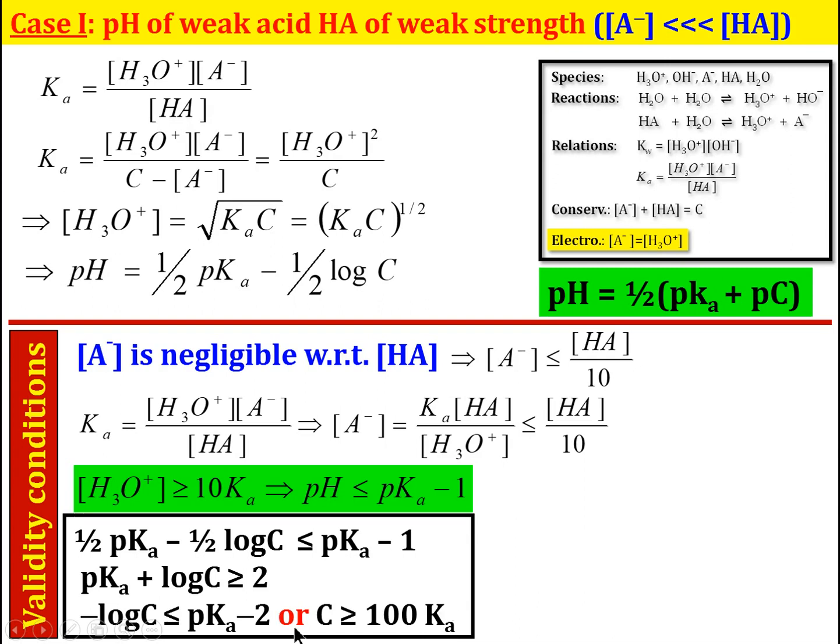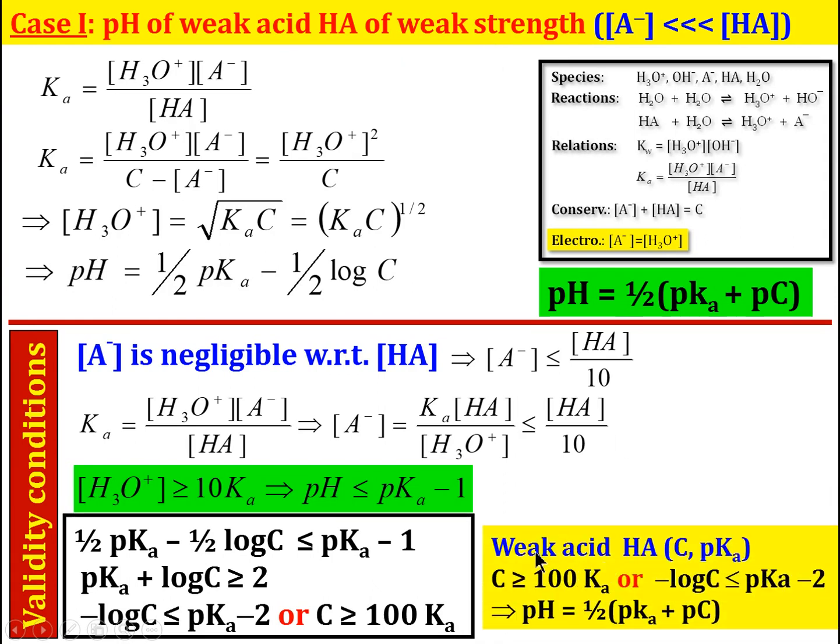So if the acid HA whose pH you want to calculate has a concentration C greater than or equal to 100 Ka, this formula is valid and the proposal is also valid.